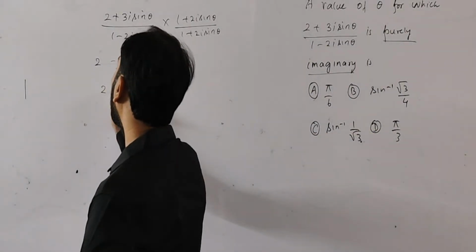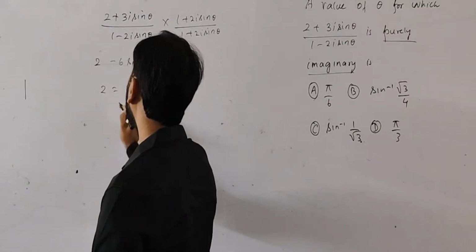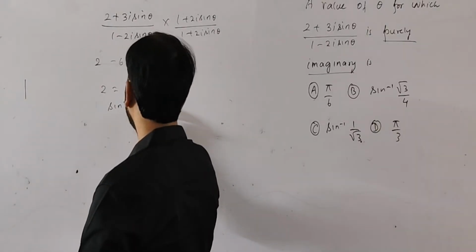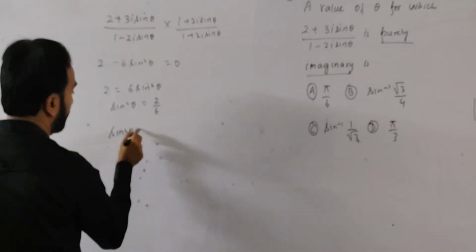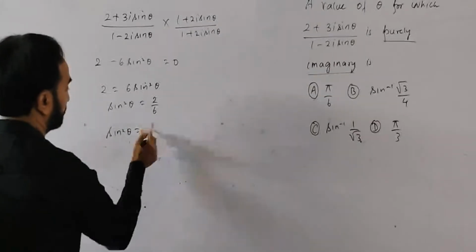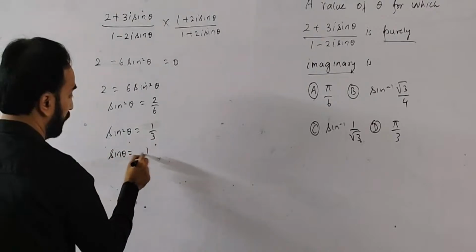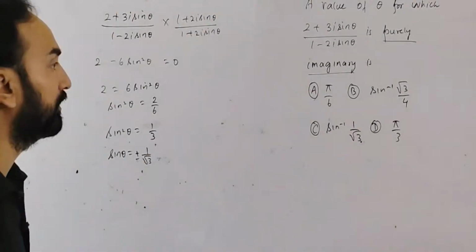Now we will only simplify that. This will become 2 is equal to 6 sin square theta, or I can write sin square theta is equal to 2 by 6, or sin square theta is equal to 1 by 3, correct? Which means sin theta is equal to plus or minus 1 by root 3.